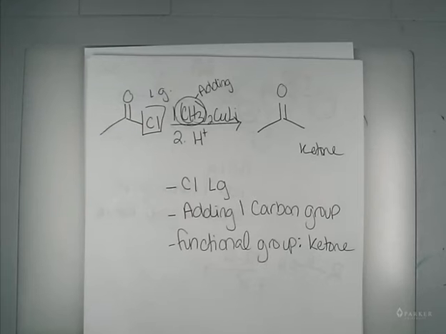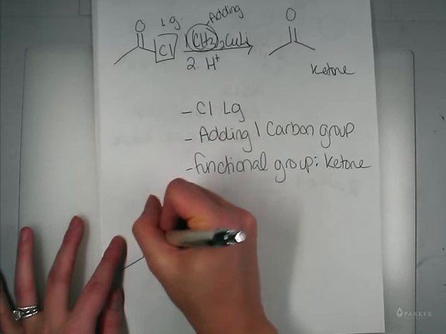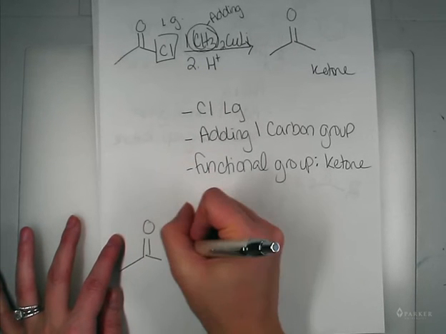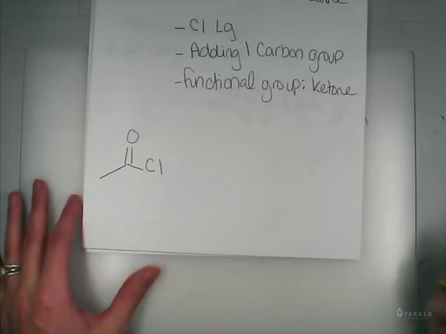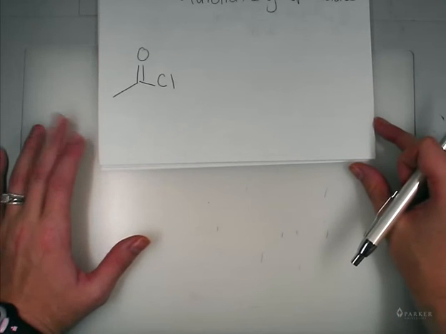So the last reaction I want to go over today will be an aldehyde reaction, so I'm adding hydrogen. Just by looking at this starting material, what's my leaving group? Chlorine.